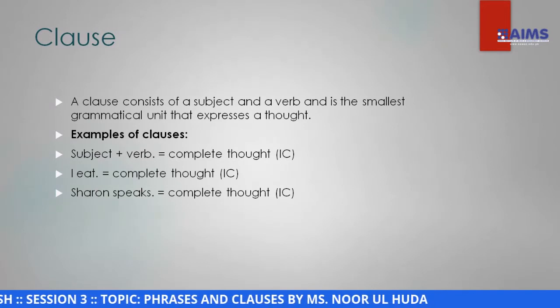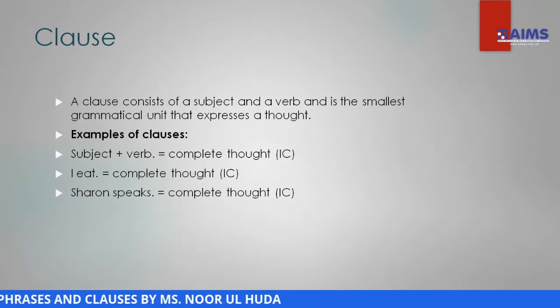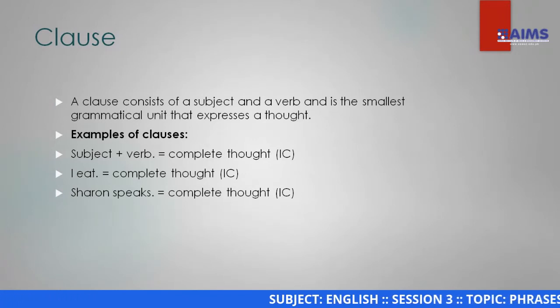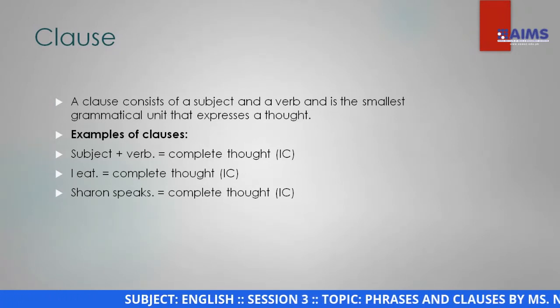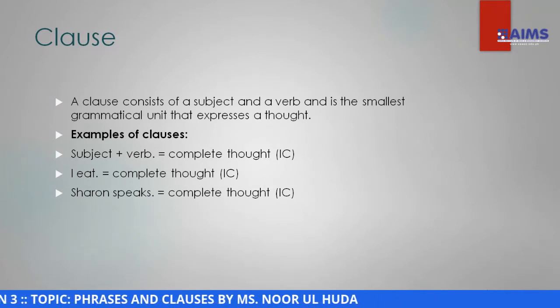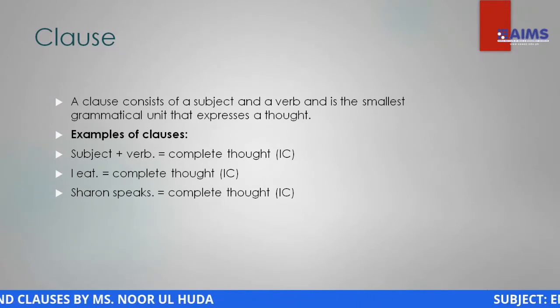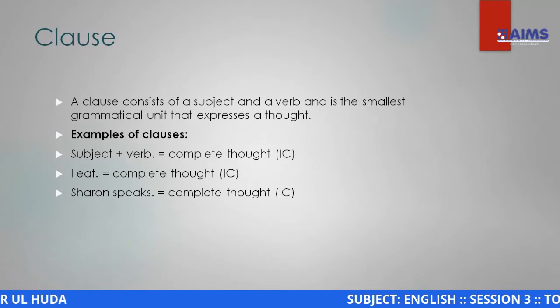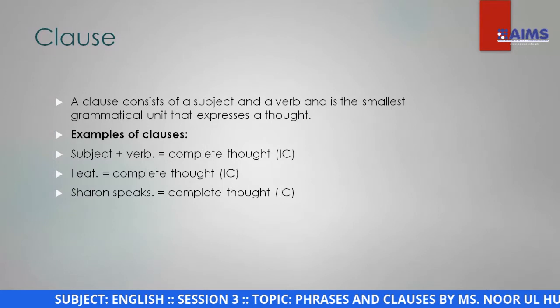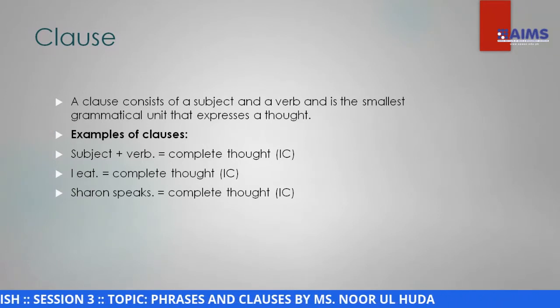And how to merge different clauses in a sentence, meaning a sentence may contain multiple clauses, and how we can compose such sentences which have different clauses at the same time. Okay, a clause consists of a subject and a verb and is the smallest grammatical unit that expresses a thought.